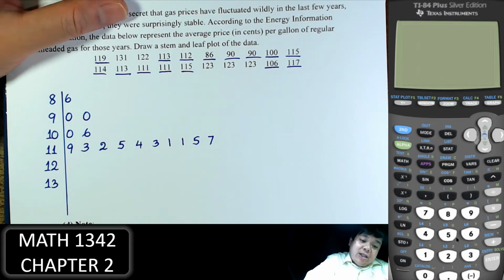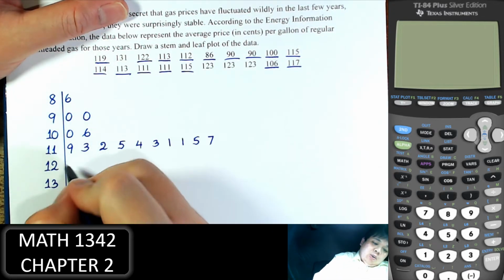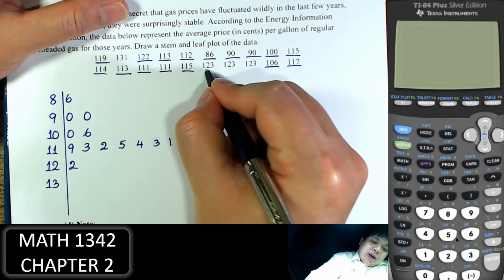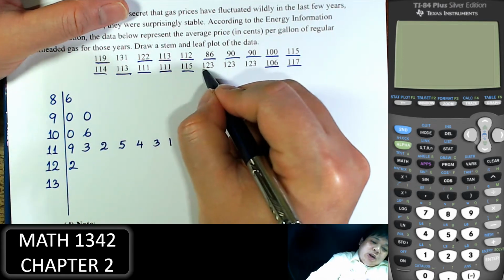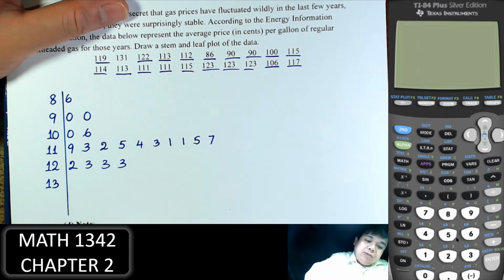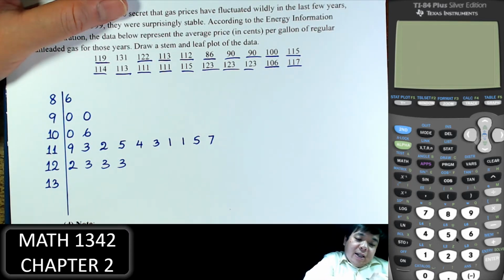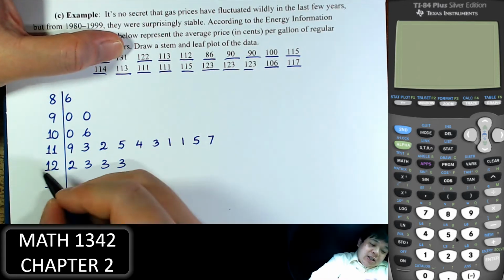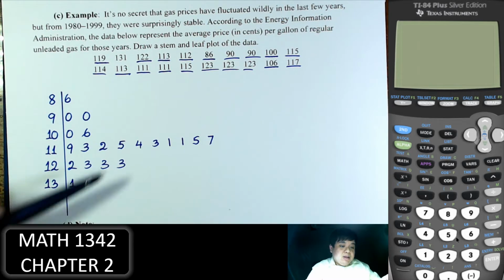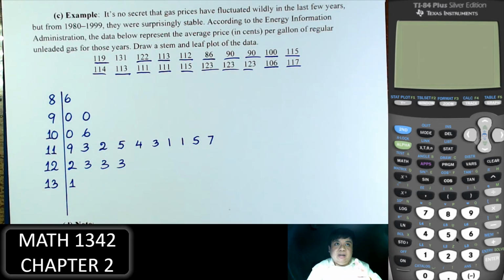Now the 120s: 122 and then 123. And then the 130s, there's only one of them. So those are the stems, and these are the leaves: stem and leaf.